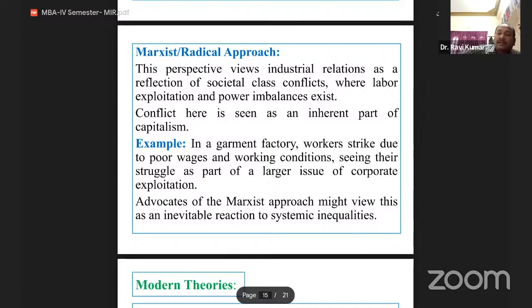The workers are getting very, very low wages for their work. This is not one individual's issue; there is a large number of workers, and all of them receive very low daily wages.